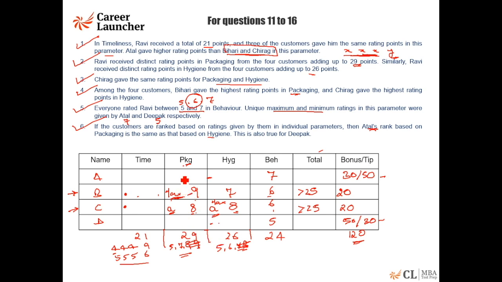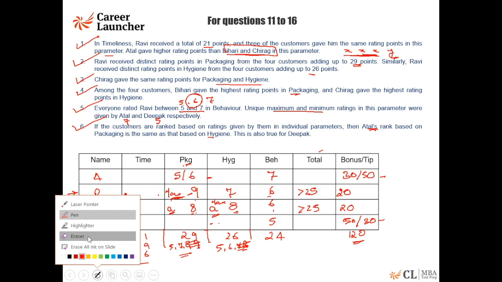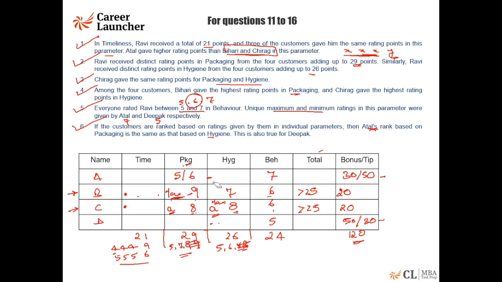Now, what is the situation here? It is either 5 or 6. Sorry, not 5 or 6, 5 or 7. Let me just erase the things which are not required. I think everything is fine right now. Okay, I think we can leave it as it is. Yeah. So if this is 5, this will be 7. And if this is 7, this will be 5.